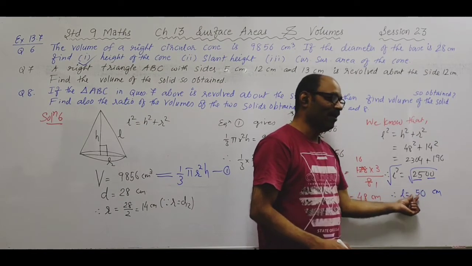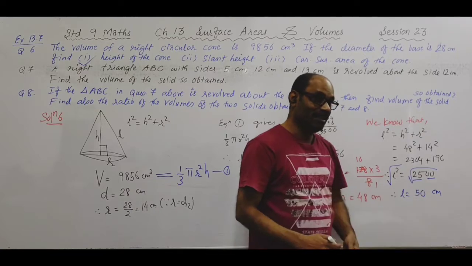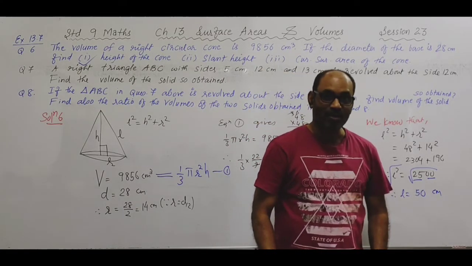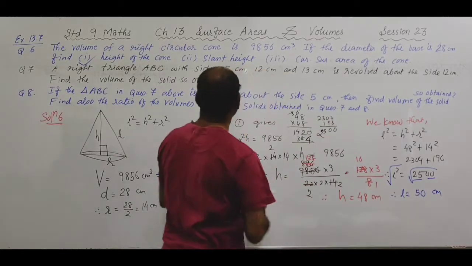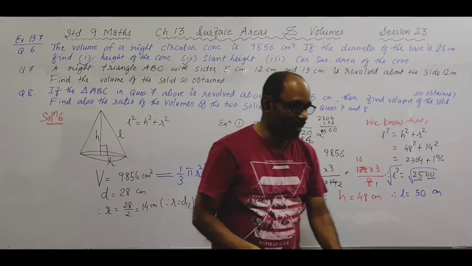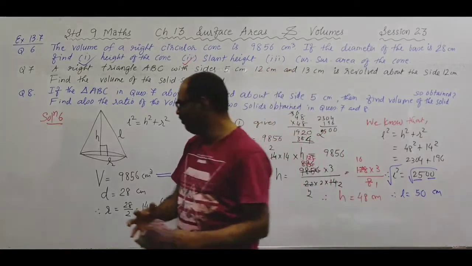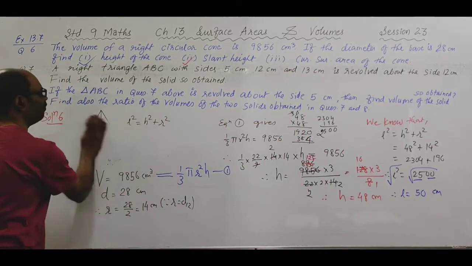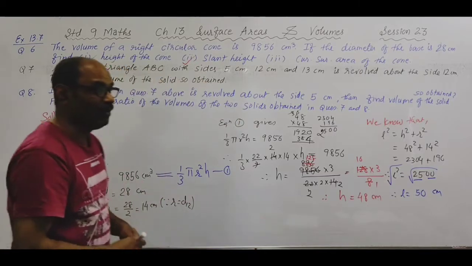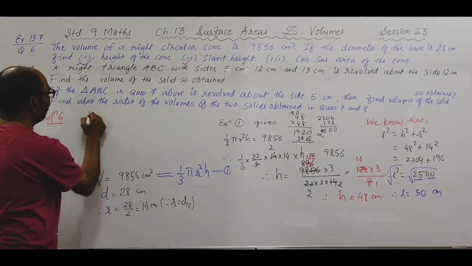Square root of 25 is 5, and the square root of 100 is 10, so we need 50. Do you understand? So that is how you got L as well. So your second target is also achieved. Now you want curved surface area, and you know the formula. Curved surface area की formula आपको पता है. Yes. Very good.